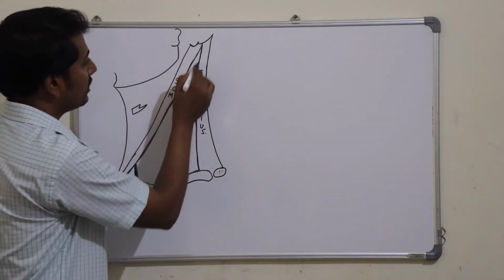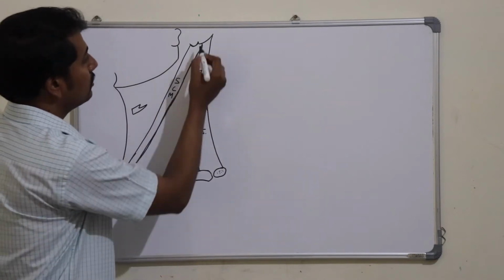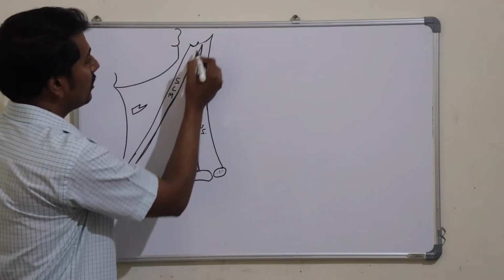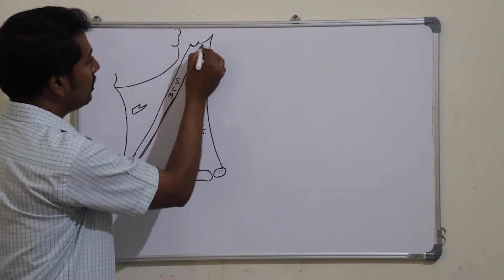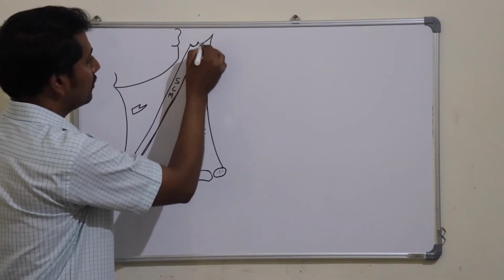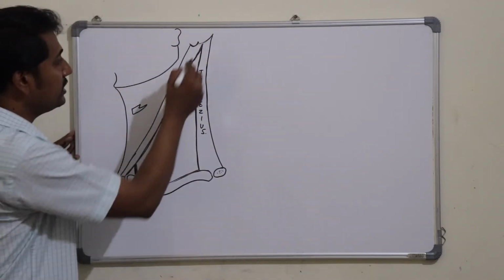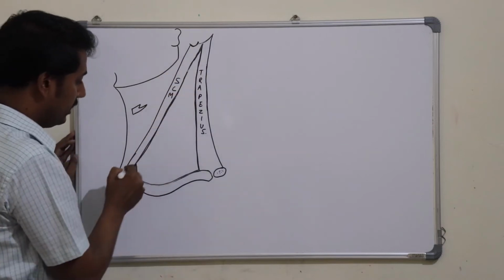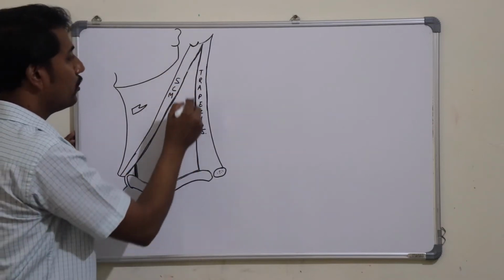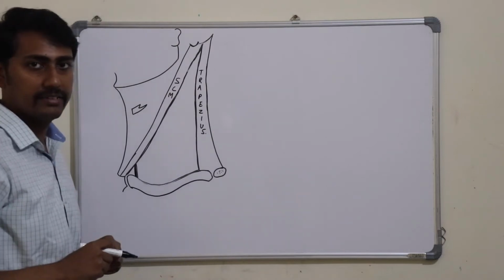The apex of this triangle is formed by the superior nuchal line where the two borders, anterior border and the posterior border meet. So this triangle here is the posterior triangle of the neck.